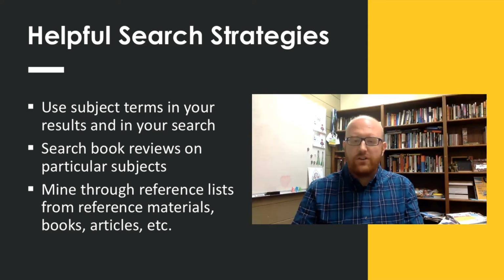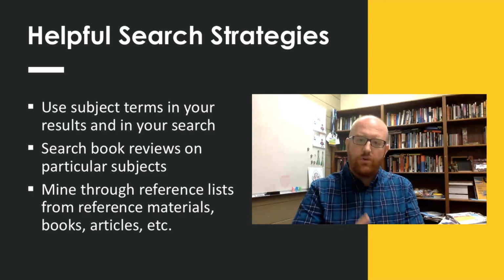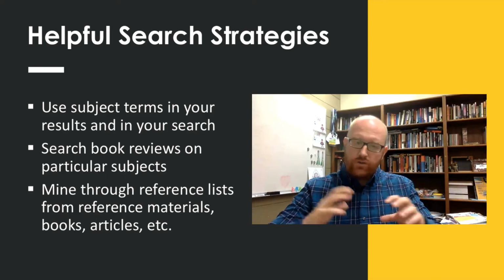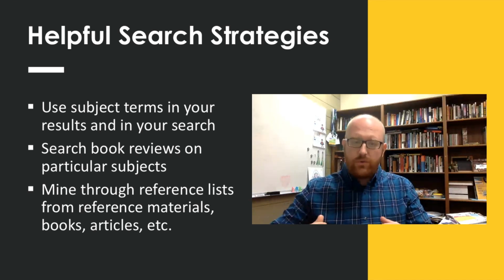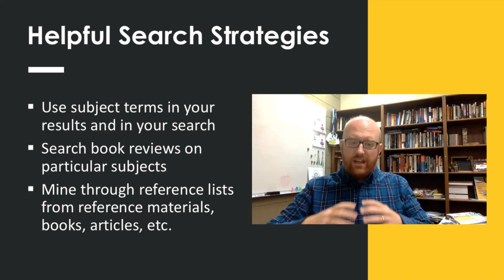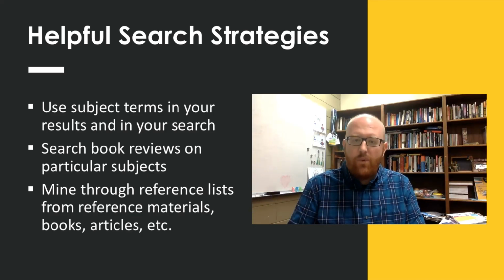So I call this your research pyramid scheme, right? If you find one really good source, that will often lead you to two good sources, or two or three, or however many, which then will lead you to a few sources, which will lead to a few sources. And before long, you have this pyramid, right? And you have 10 or 15 sources, and they're all linked together too. So they're all relevant to one another in some way.